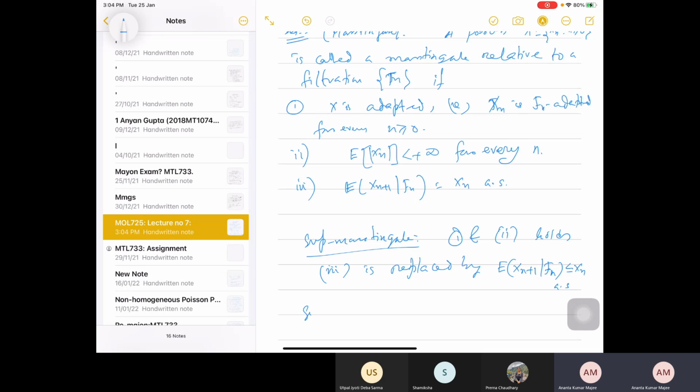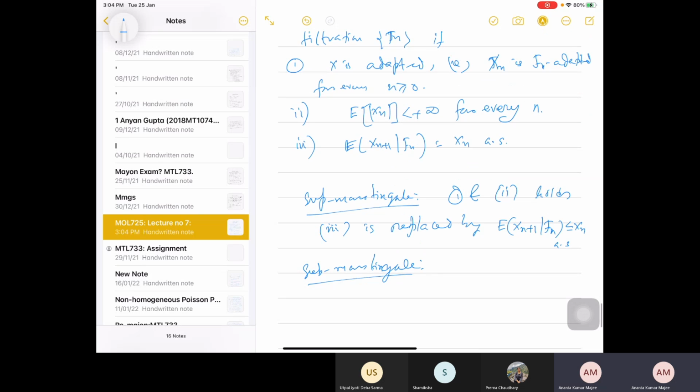And we say it is a submartingale when, again, 1 and 2 hold, and 3 is replaced by this: the conditional expectation is greater than or equal to X_n almost surely.